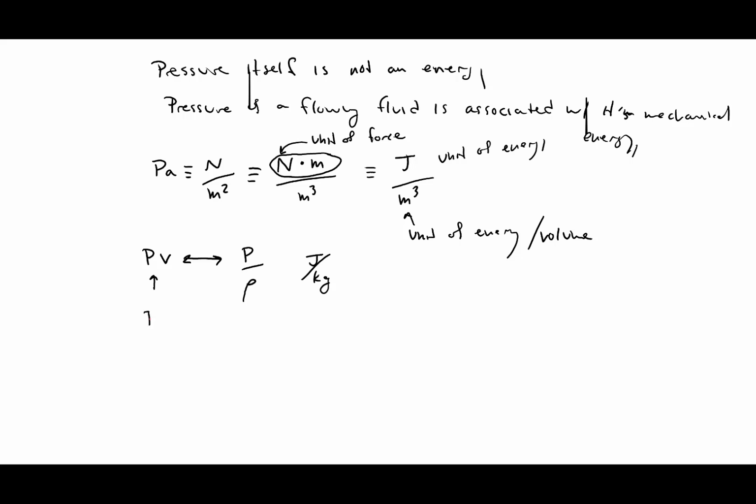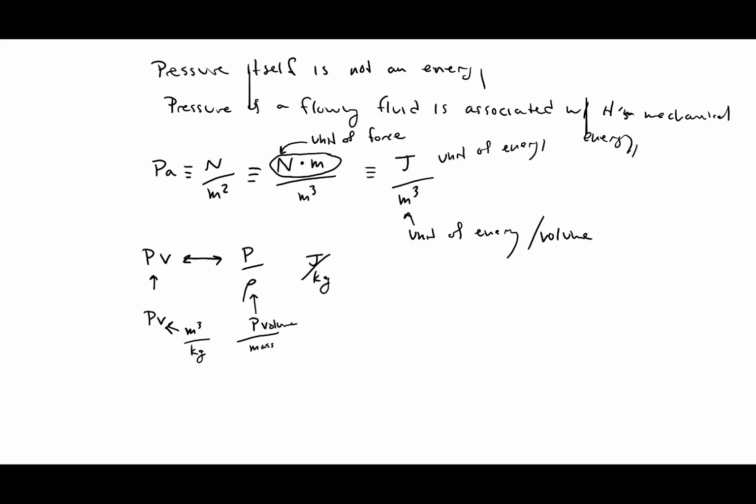The specific volume has units of volume over mass, and rho is mass over volume, so the volume will come up here.